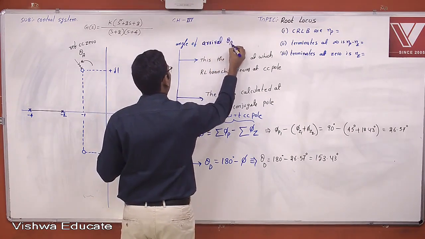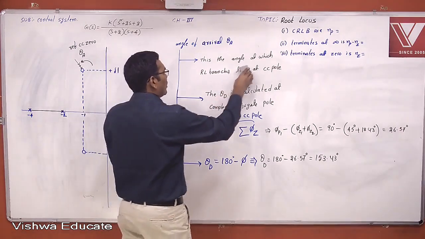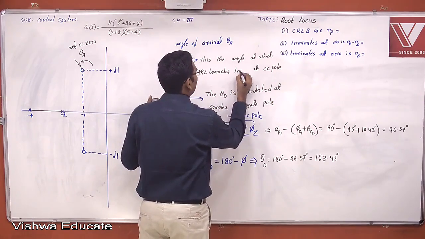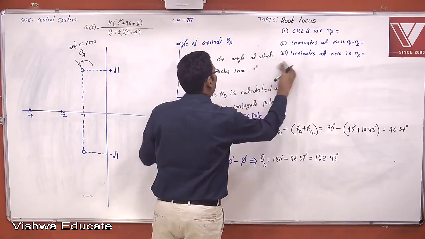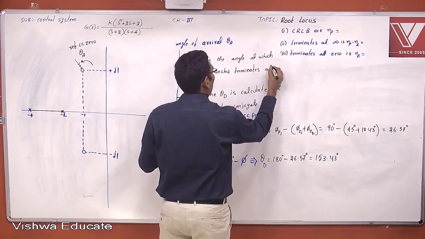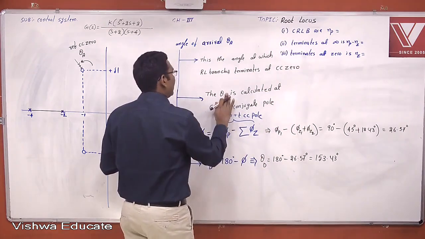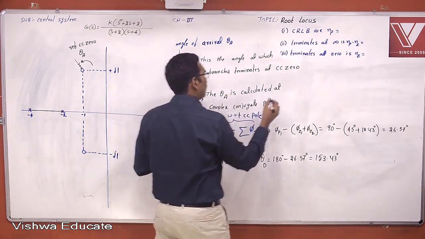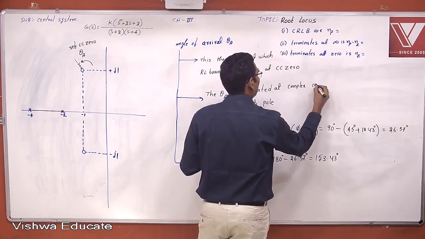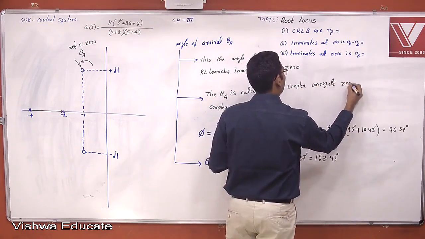Theta A. This is the angle at which the root locus branch terminates at the complex conjugate zero, and the angle of arrival is calculated at the complex conjugate zero.